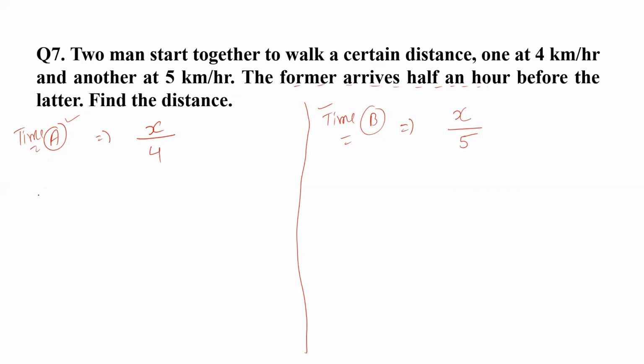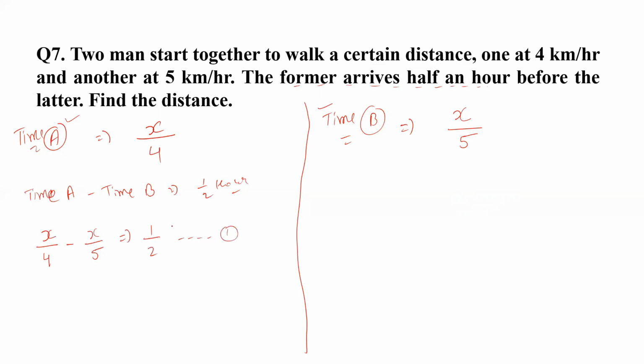The time taken by A minus the time taken by B should be equal to half an hour. We know the time taken by A is x divided by 4 and the time taken by B is x divided by 5, and that should be equal to 1/2. That is our ultimate equation.